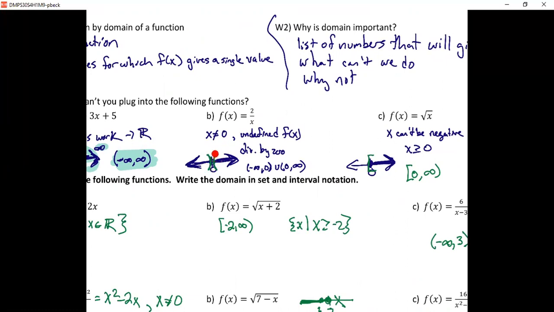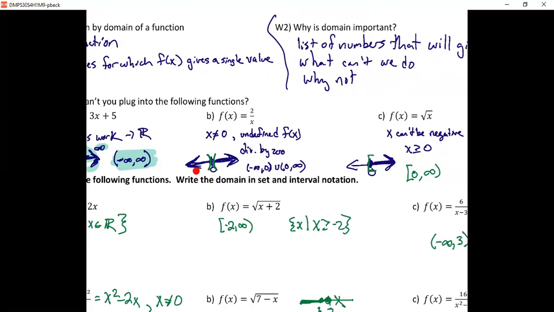The open dot means that we're not going to be able to include it. So with the open dot, we show parentheses, which say we're not able to actually get to 0, but we're going to get very, very close to 0. And so when I get to interval notation, these translate to parentheses around the 0.